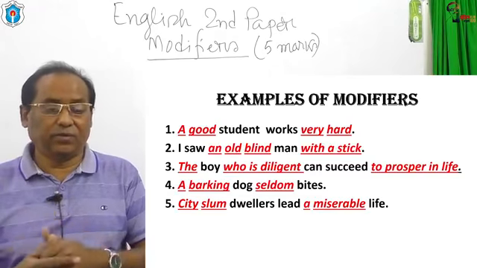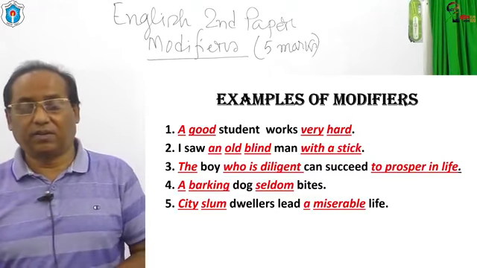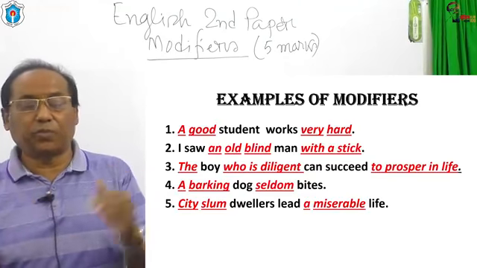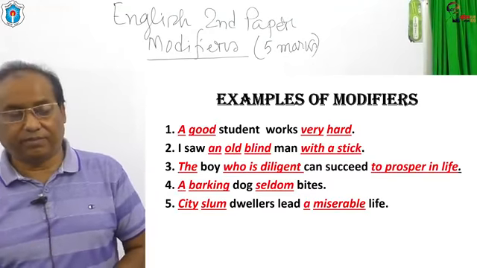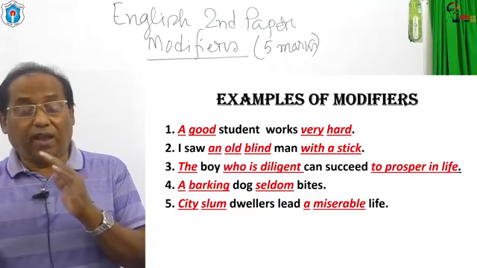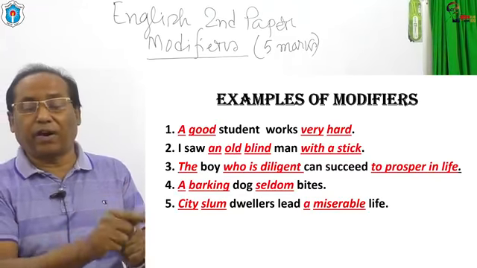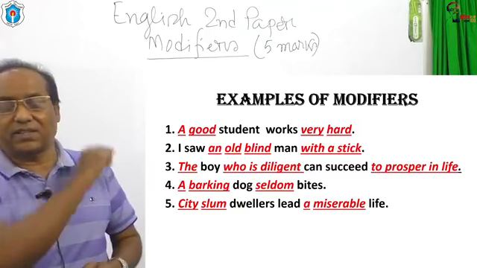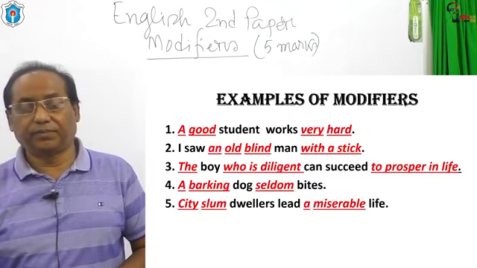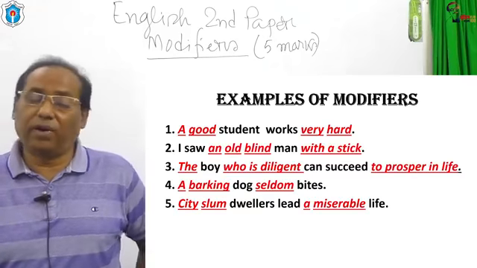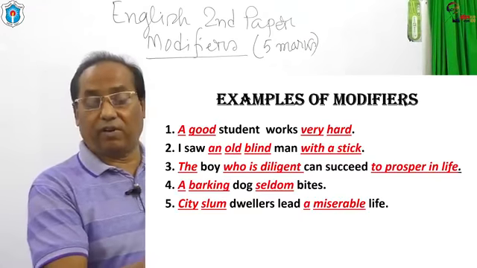Why? What is the purpose of this success? The purpose is to prosper in life. So this phrase modifies the verb succeed. So it is also a modifier, modifying the verb.